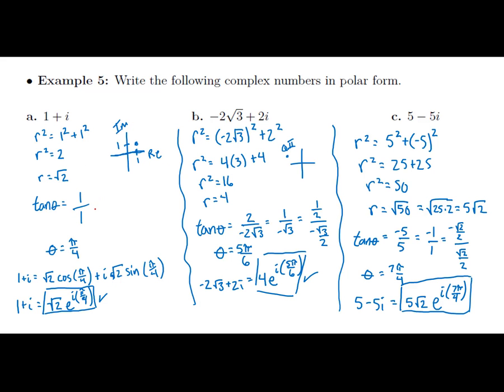All right, so one last example here. We're going to find the quotient of 1 plus I and 5 minus 5i. And again, we wrote both of these in polar form in example 5. So let's go back. So that would be these two.